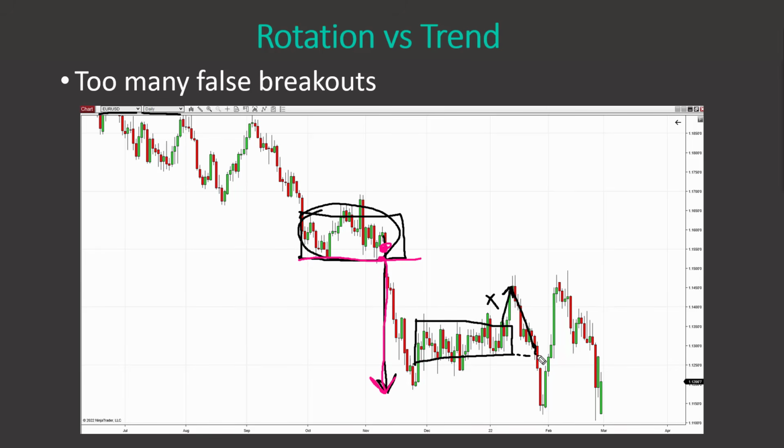Again, short from here, but what happens next? Price turns, so again, tough luck. Price goes back towards the center of the rotation, so 2 false breakouts. And now another one, false breakout. The price breaks out of that rotation, but then turns and goes the other way.